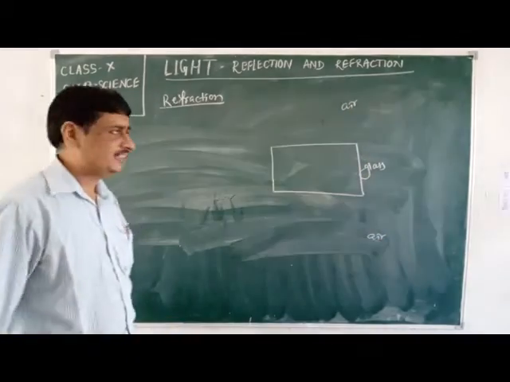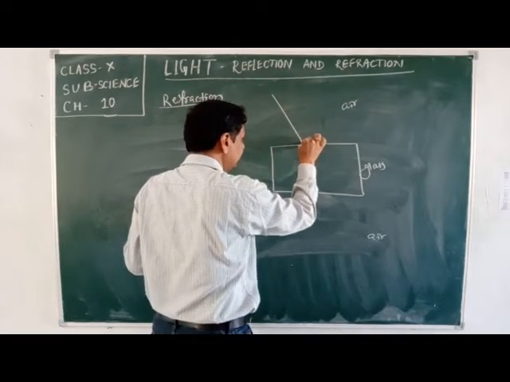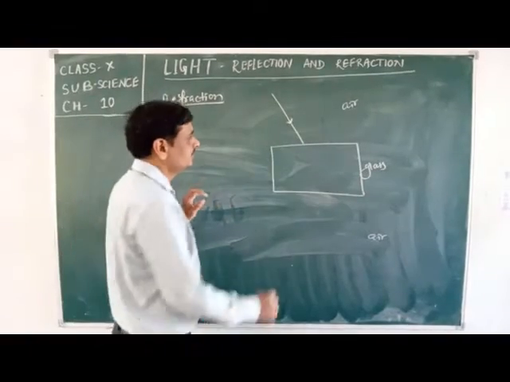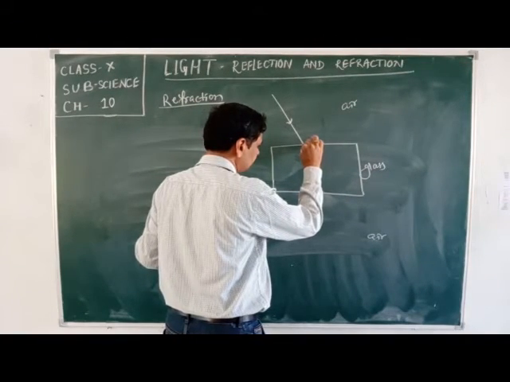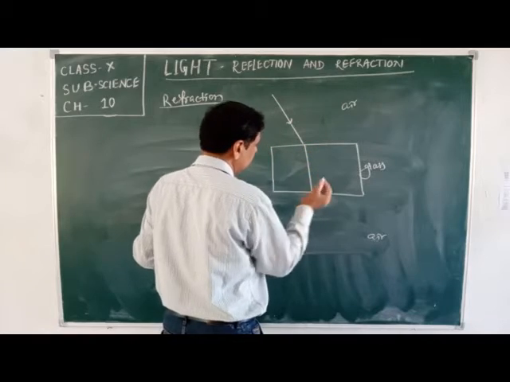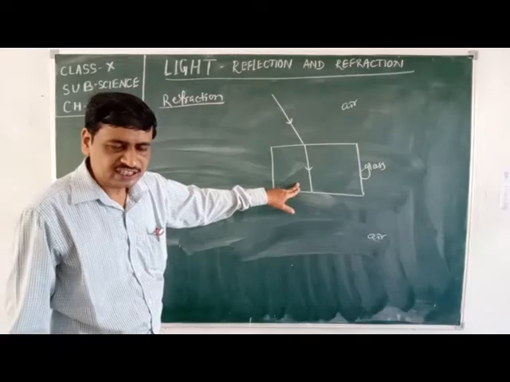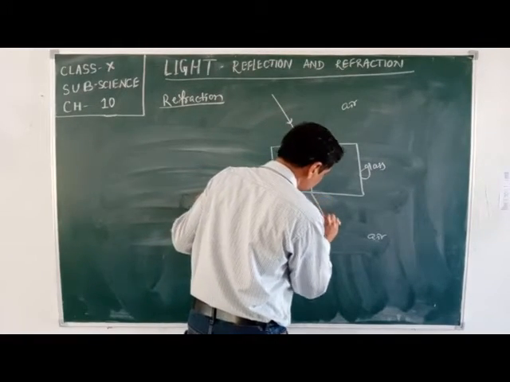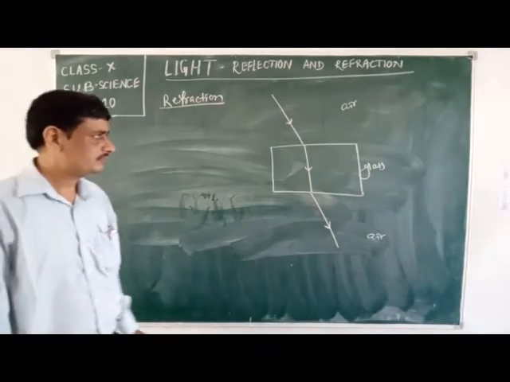A ray of light is coming from air medium and it enters into the glass slab. That is glass medium. After passing through the glass medium, it again comes to air medium.